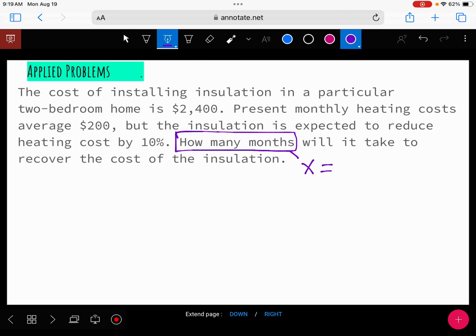X is going to equal our number of months. And there are a lot of different ways to build this. What is your instinct for how to put this together?